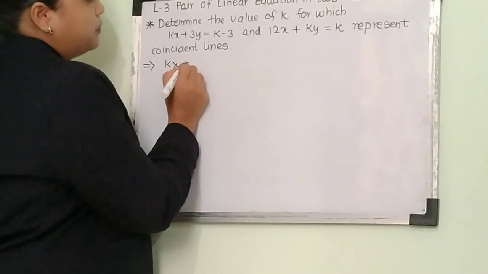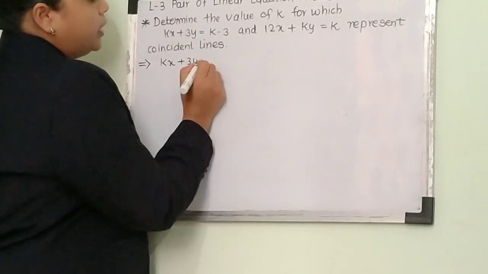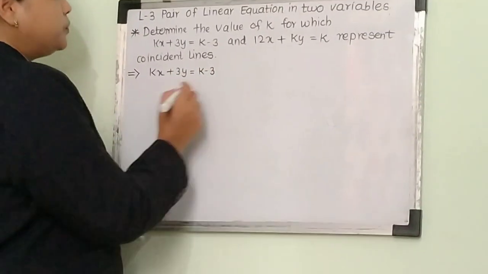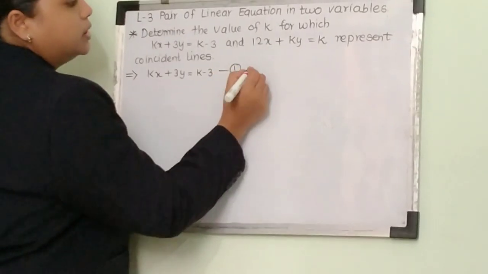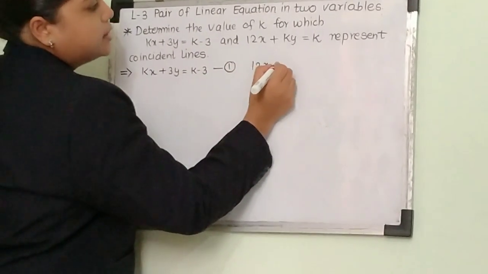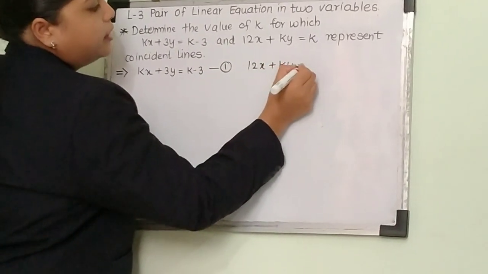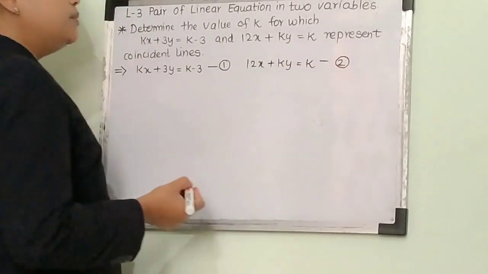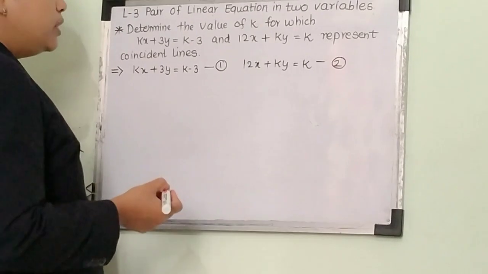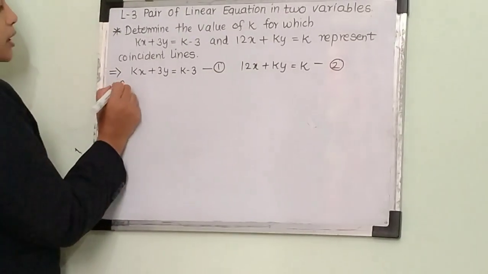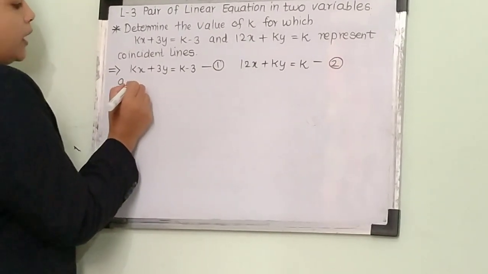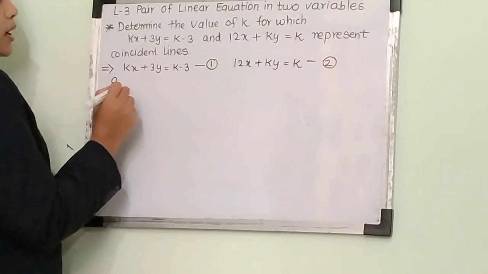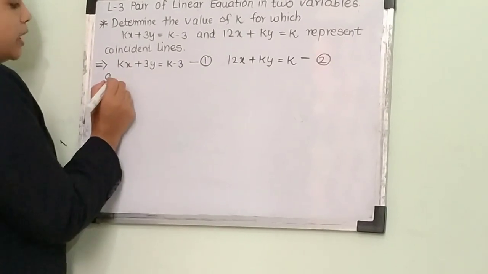So here first we are going to write the given equations. kx plus 3y equals to k minus 3 is your first equation, and 12x plus ky equals to k is your second equation. Now see, both the equations we have to compare with a1, a2, b1, b2, c1, c2, and we have to put the values.